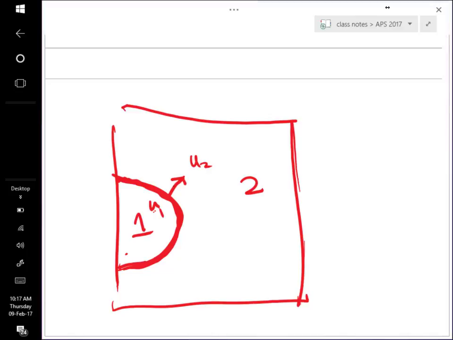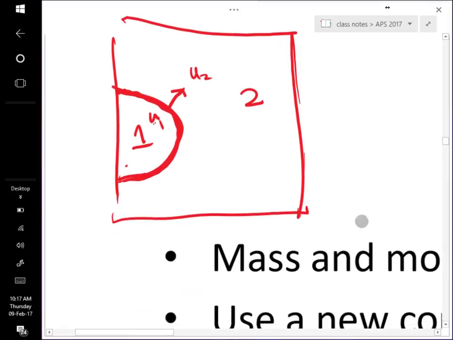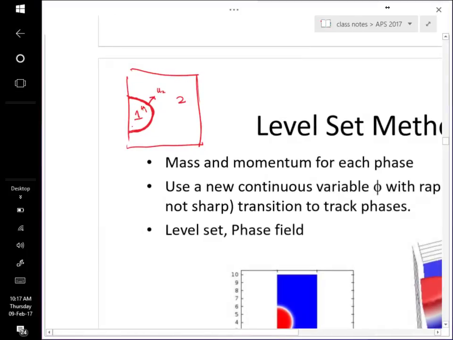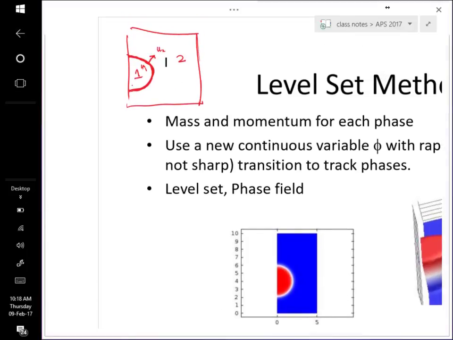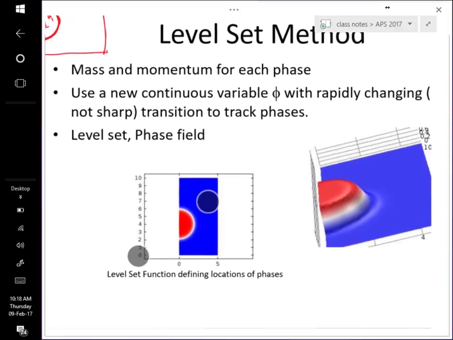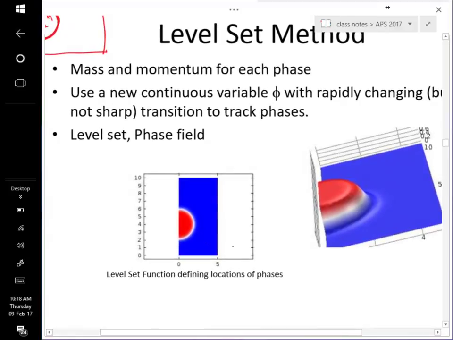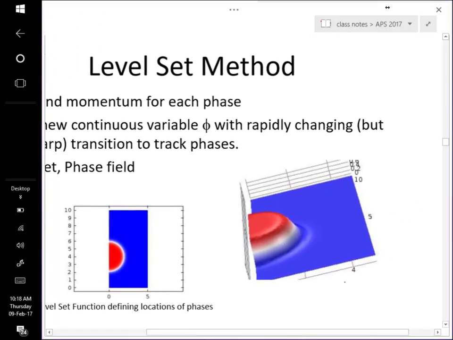So that's possible, but that can be kind of tricky. What's done with this level set method is to say, okay, we're going to introduce a new variable, phi, and it's going to be a continuous variable that is active over the whole region, and this is a plot of phi, and if we look at it in perspective view, that's what we've got here.